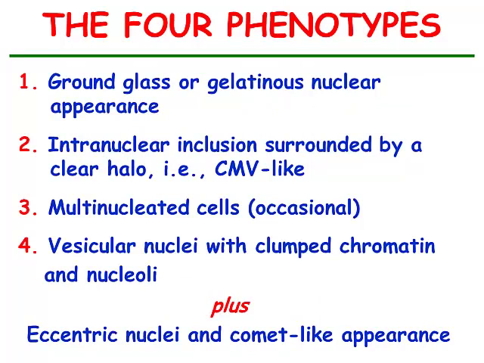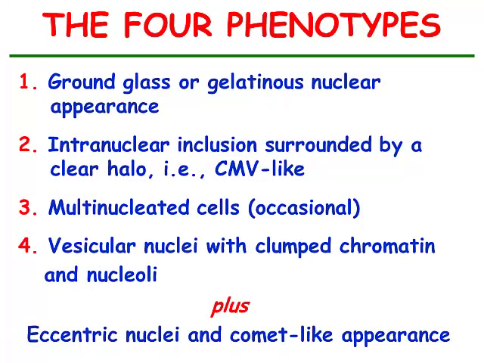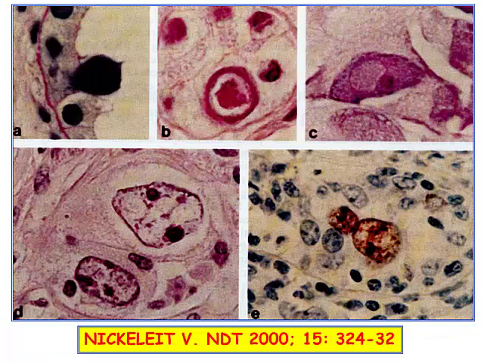These are the 4 main phenotypes. I don't want to bother you, and I go directly through the images. But before showing the images, these 4 phenotypes have been obtained on the basis of what can be found in the renal biopsies. This is a paper which was published by the group of Miach in 2000 in NDT.